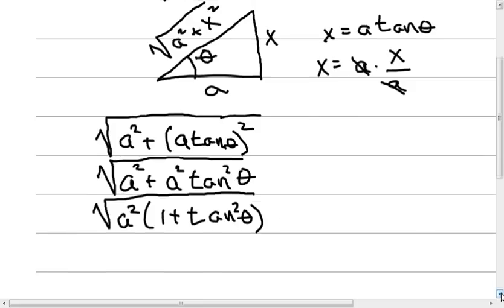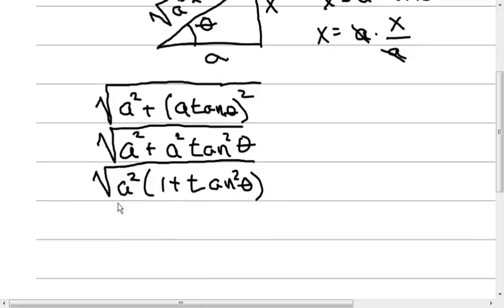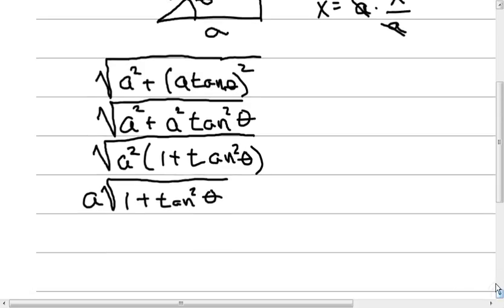Hopefully you begin to see where I'm going here. Obviously now this a squared can come out. We get a times the square root of 1 plus tangent squared theta. You remember from your trig identities that 1 plus tangent squared theta is secant squared theta.